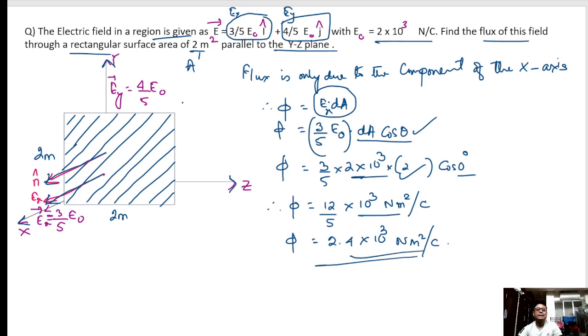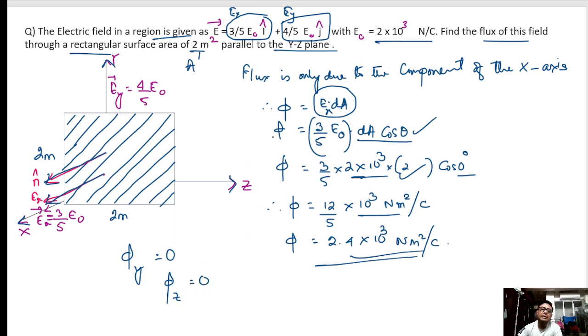Now along Y, the electric field and normal are at 90 degree. That means the flux along the Y axis would be 0. Similarly, along the Z axis it will also be 0.